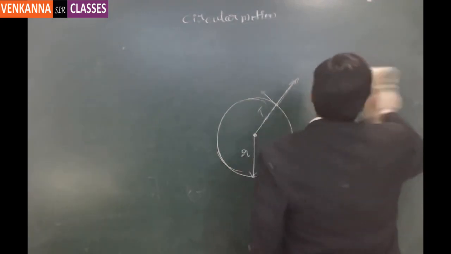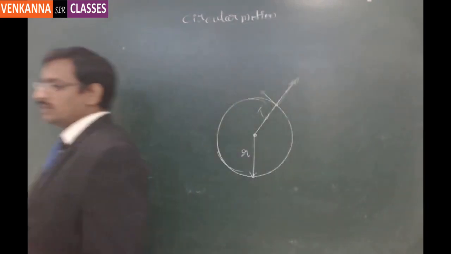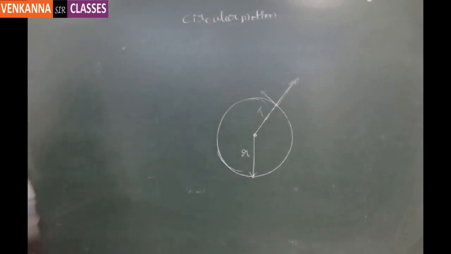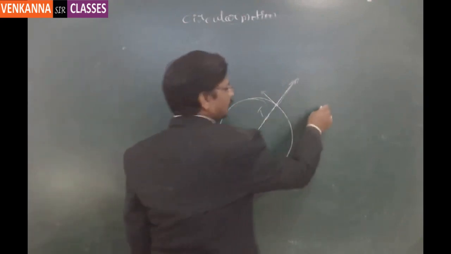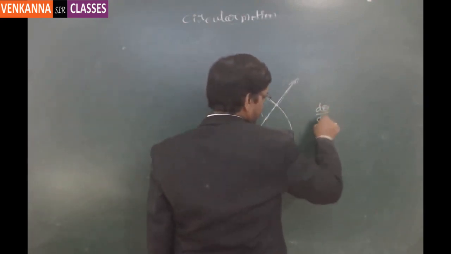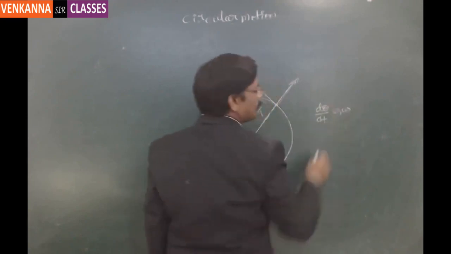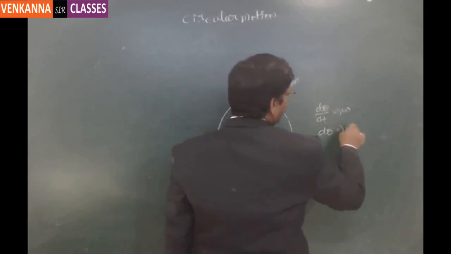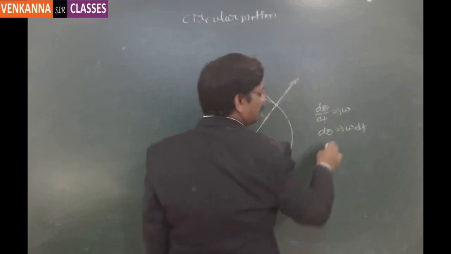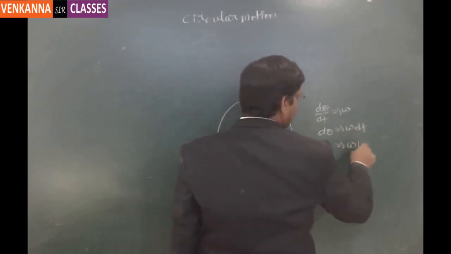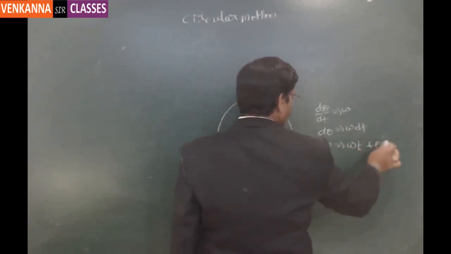So other relations of angular velocity when it is moving with a constant angular velocity: d theta by dt equal to omega. So d theta is equal to omega dt and theta is equal to omega t plus theta naught.